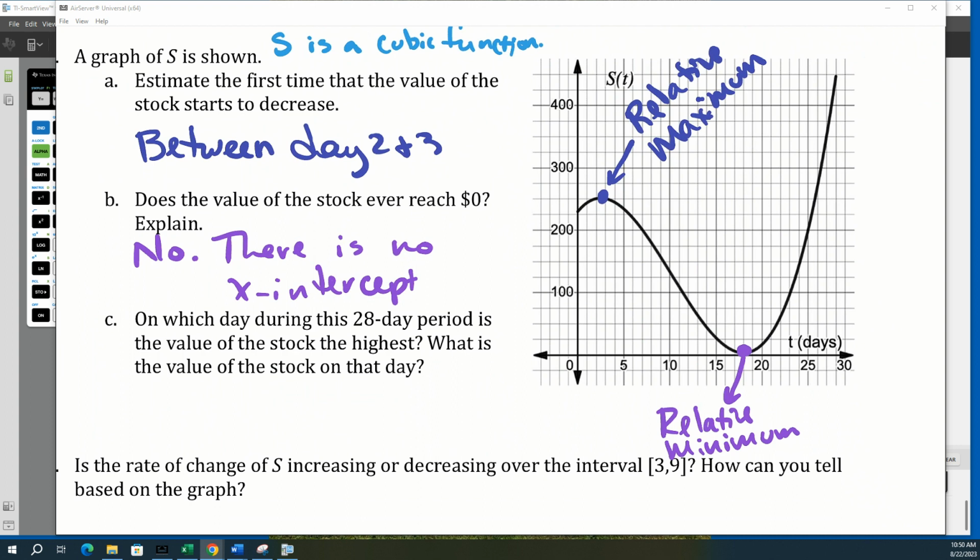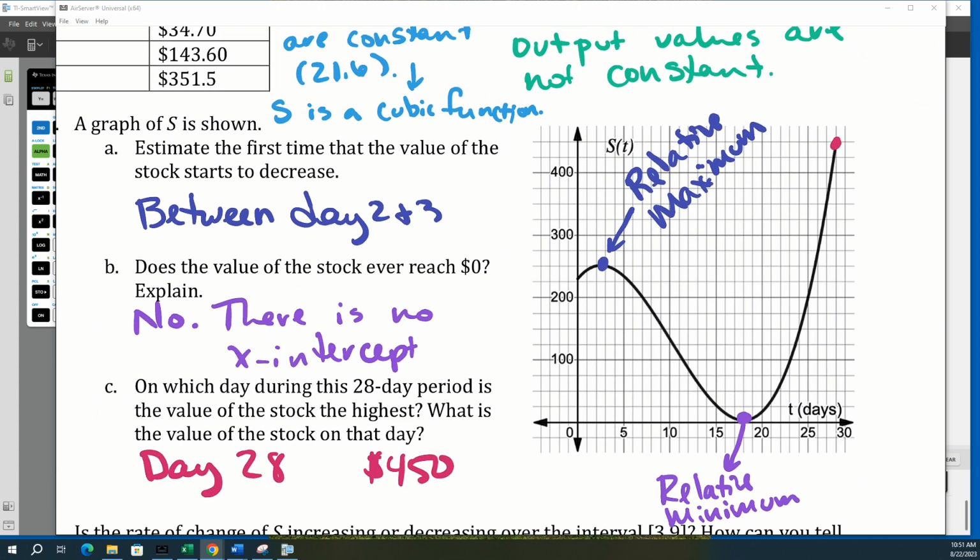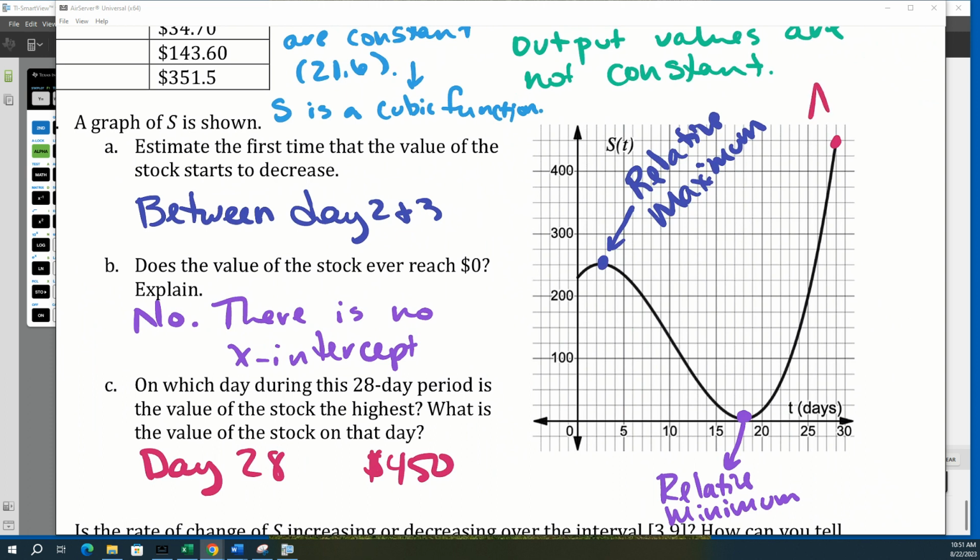Right, and then C asks, on which day in February, in these 28 days, is the stock the highest? What do y'all think? Day 28. And on that day, I said it was about $450. And that's something you may or may not have learned before, but that's going to be an absolute maximum.